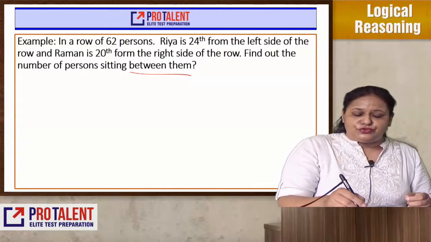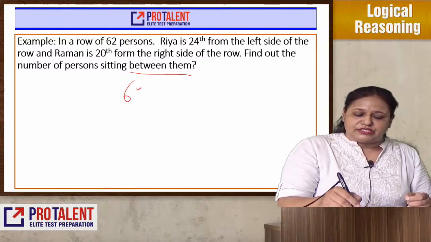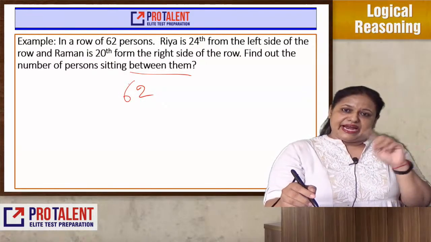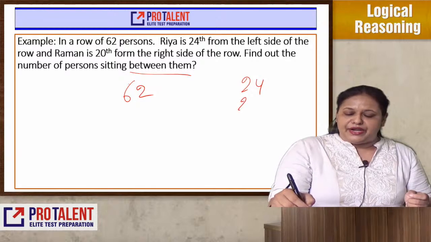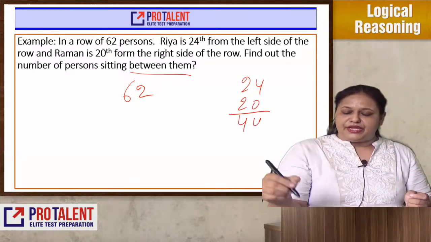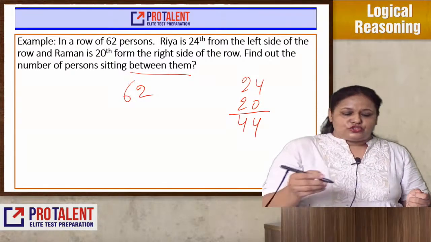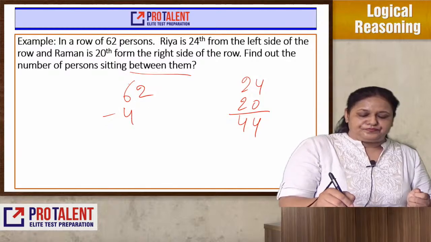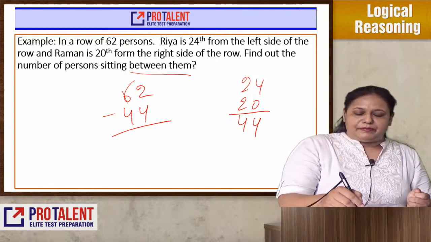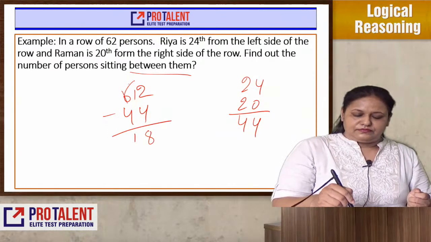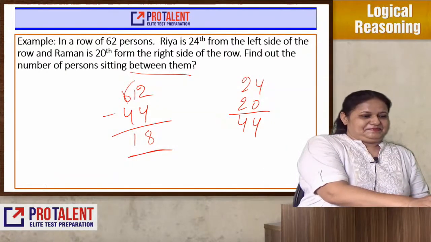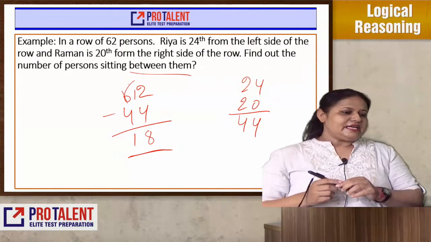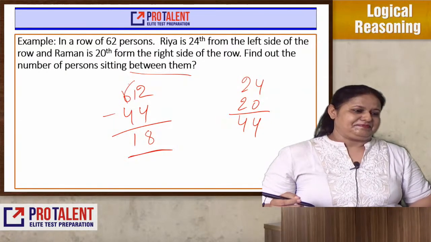I know that the total is 62, and if I add the positions, 24 and 20, that is going to be 44, right? So if I subtract 44, what is going to be my answer? So is 18 my answer?